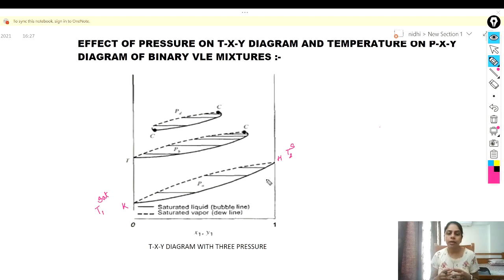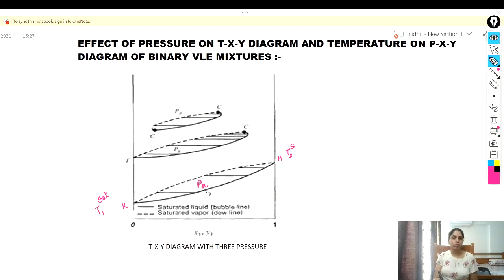So this is a TXY diagram at a given pressure PA. Here you can see this is the pressure PA which is given to us, and K corresponds to the saturated temperature T1 of component 1 and H corresponds to the saturated temperature of component 2. So what would happen when we increase the pressure?